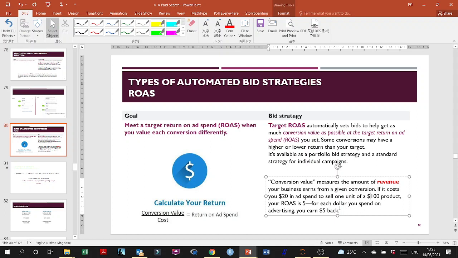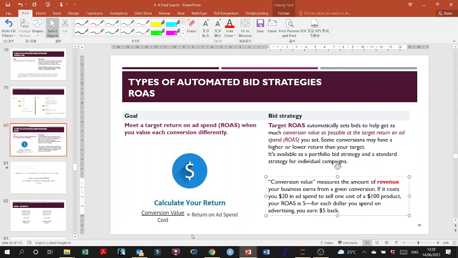Is it revenue over cost or cost over revenue? I think return on investment is cost over revenue, if I remember correctly. So I need to, it's going to be the return or benefit over the cost. I'm sorry, it's the other way around. It's the net profit over the cost of the investment.